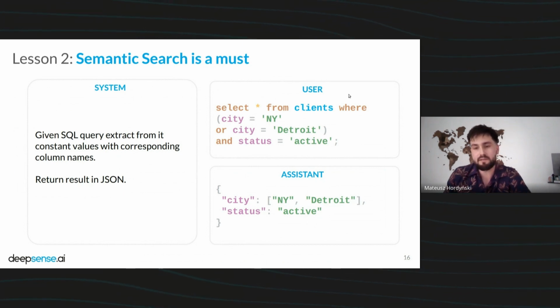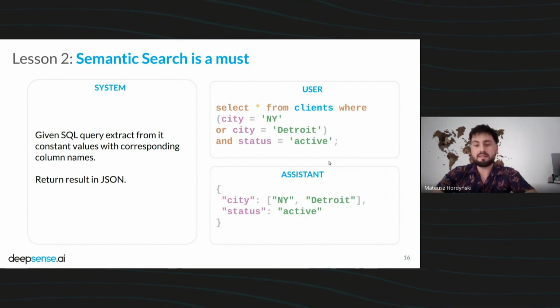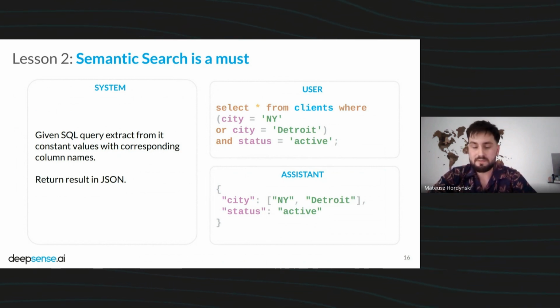And we have the SQL query here: select from clients where city equals New York or city equals Detroit, and status is active.